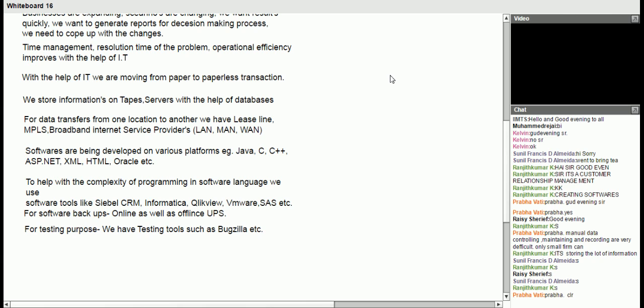And the types of testing we carry out: user acceptance testing, black box testing, unit testing, etc. These are the types of testing we carry out when we develop the software.